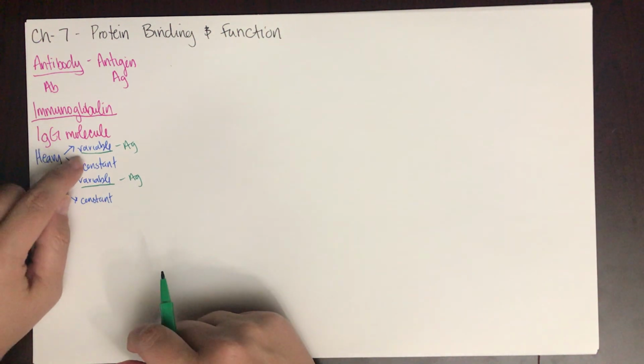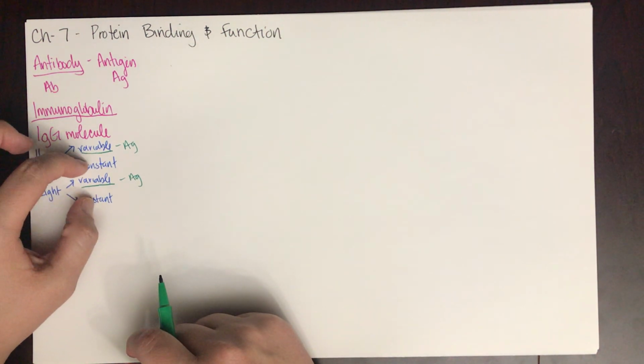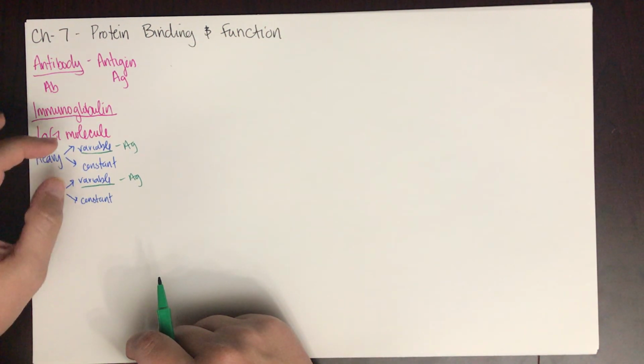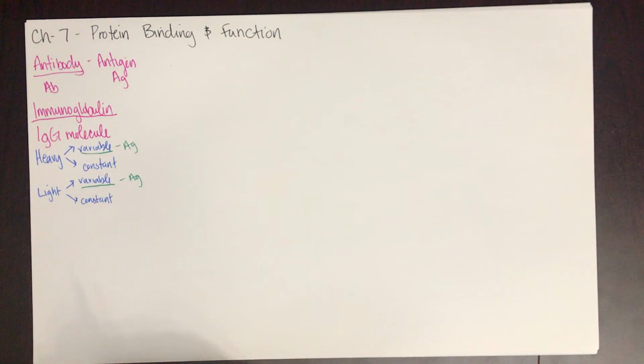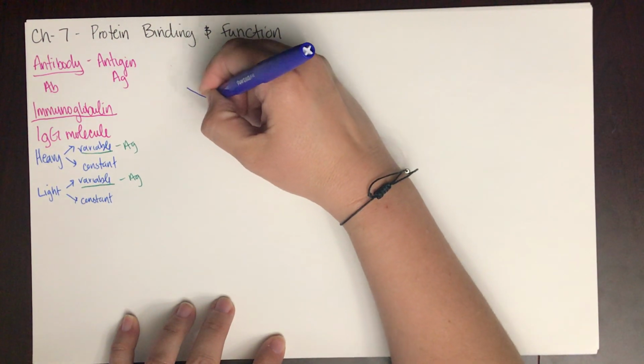All IgG molecules are going to have the same constant region, both heavy and light, and then they will have specific variable regions specific to whatever that antigen is. There are better pictures of this drawn in your PowerPoint lecture and in your textbook, but I'm just going to draw them too.